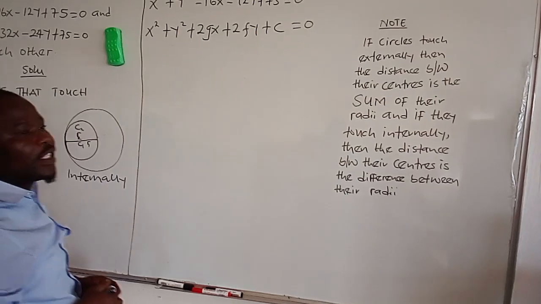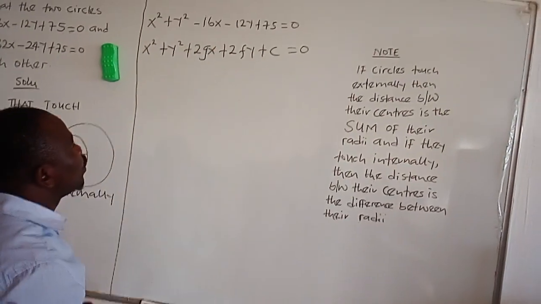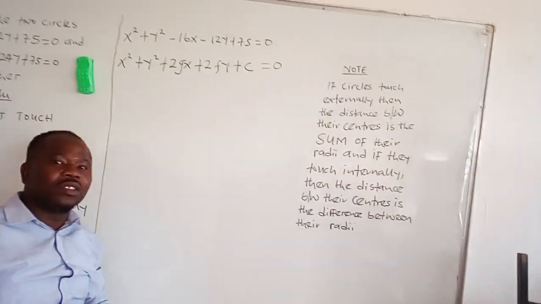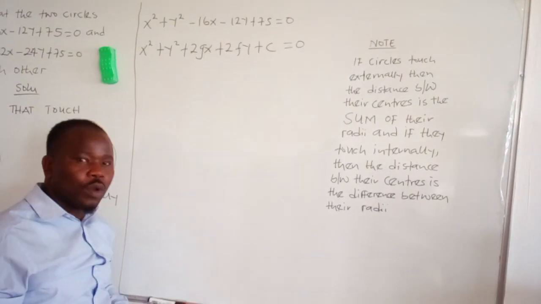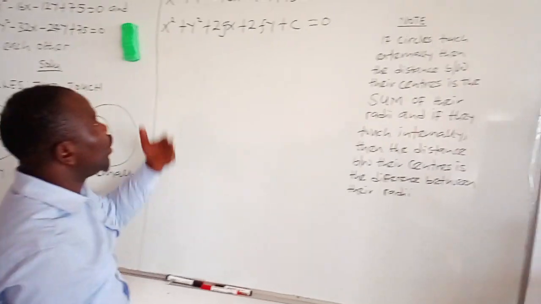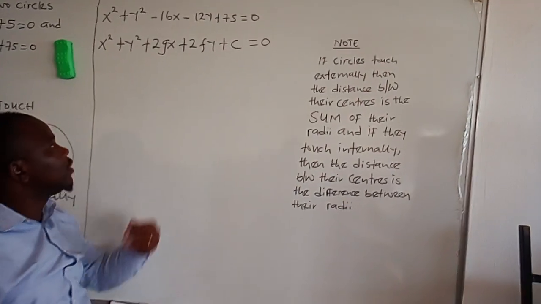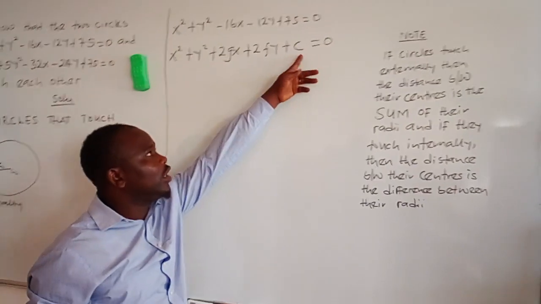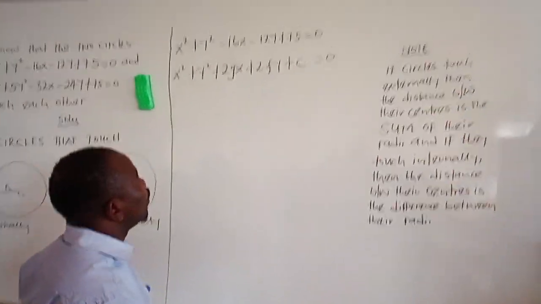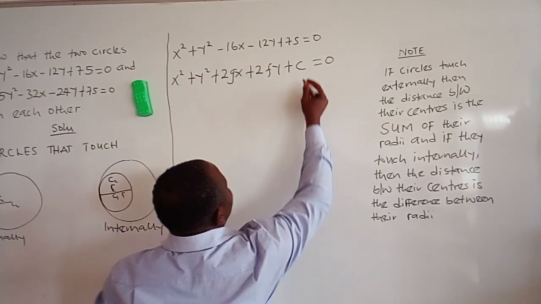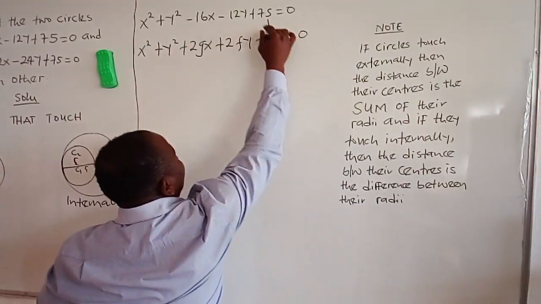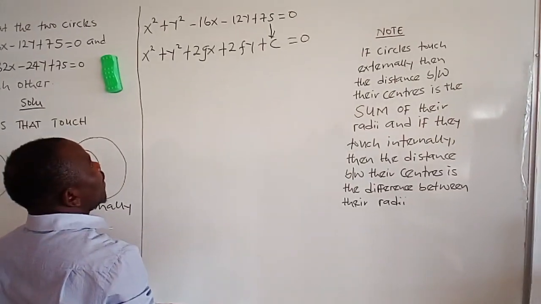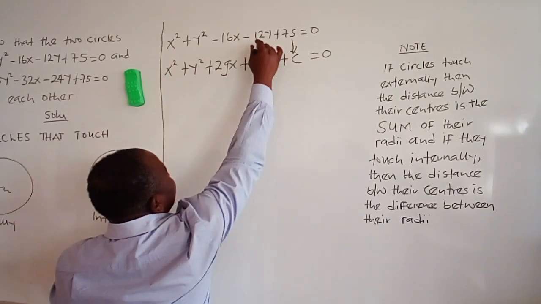Without anyone telling you, your c is 75.